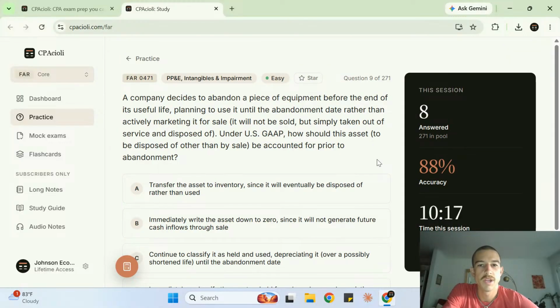A company decides to abandon a piece of equipment before the end of its useful life, planning to use it until the abandonment date rather than actively marketing it for sale. How should this asset be accounted for prior to abandonment?